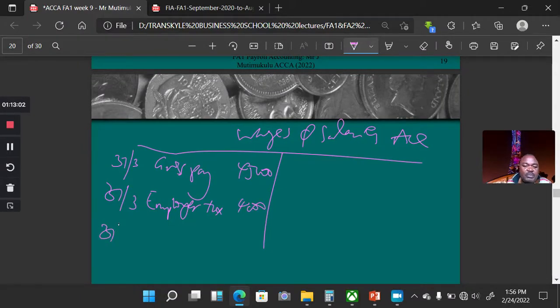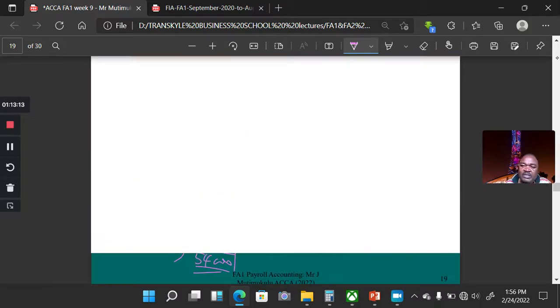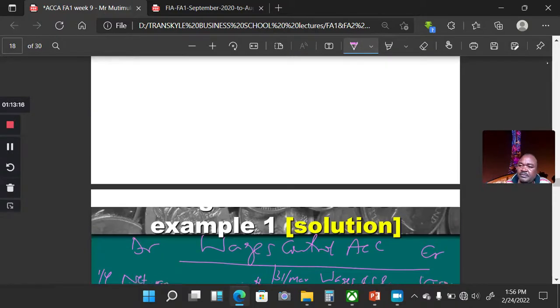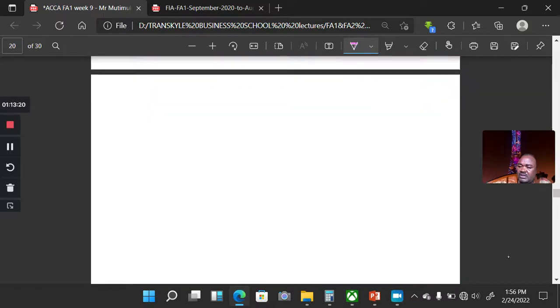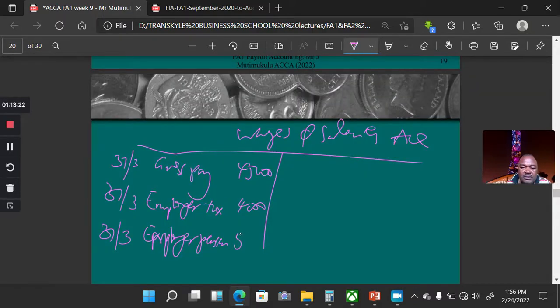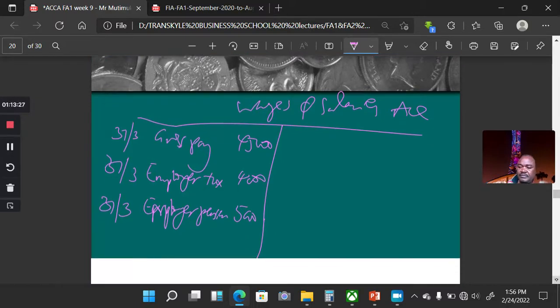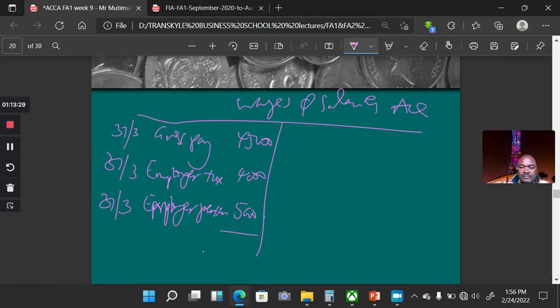The employer also paid pensions. Employer pension obligation, which was how much? According to the question, the employer contributed 5,000. So if you add up, it should come again to 54,000.